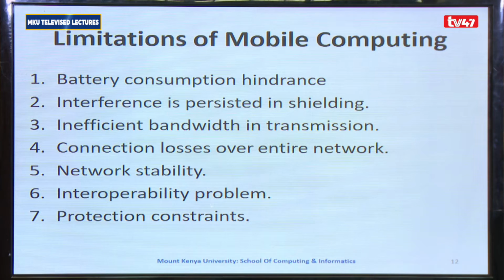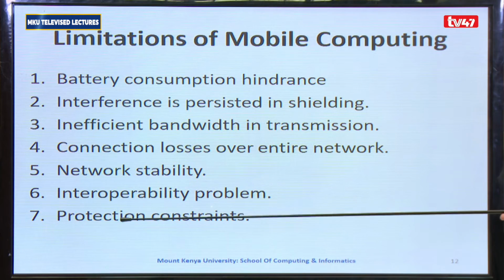You might find you have a certain device using a certain operating system and you're not able to share information with another user who is using a different operating system, creating some locking down of some users within some environment.